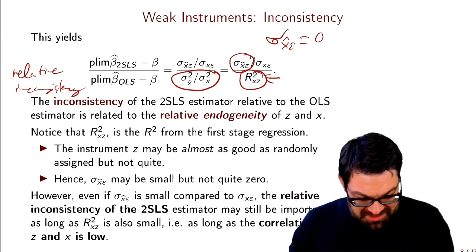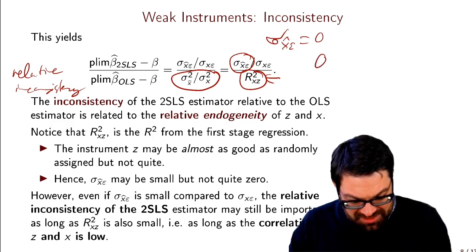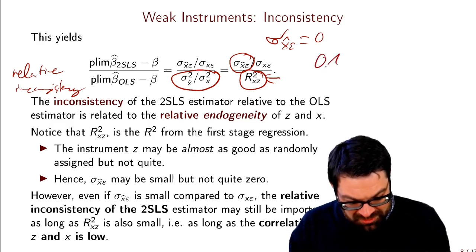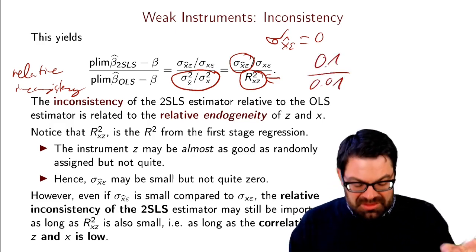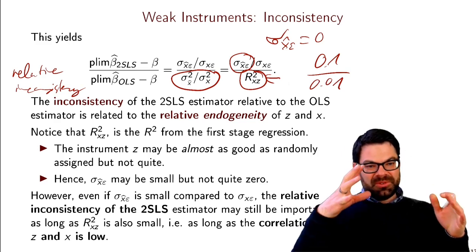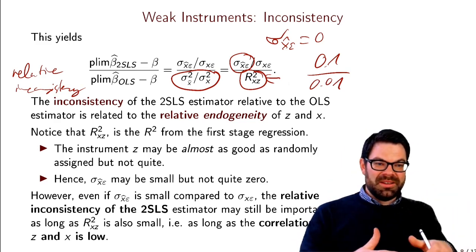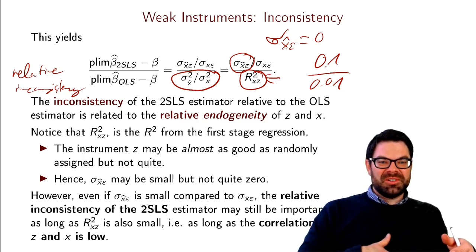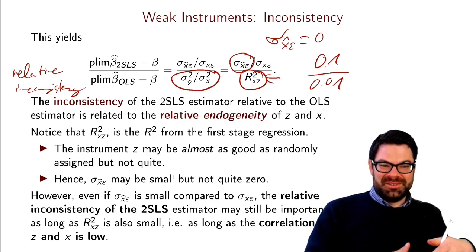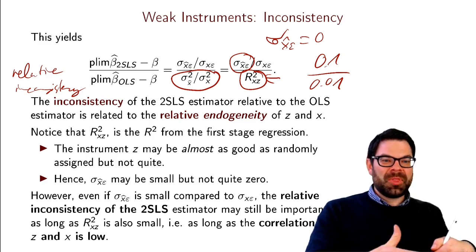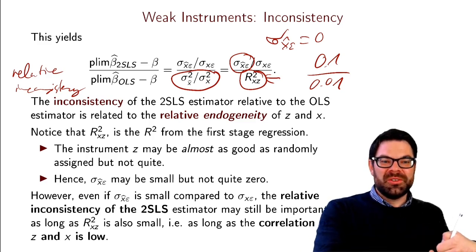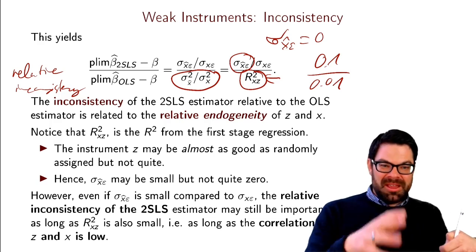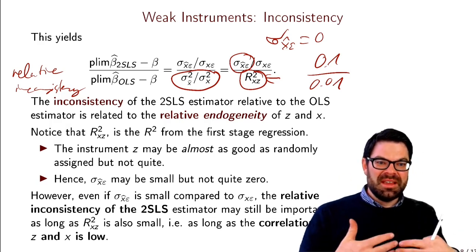So if, let's say, the bias at the top is 0.1 and the first stage r squared is 0.01, then you have all of a sudden a factor 10, so IV would be 10 times more inconsistent than OLS.